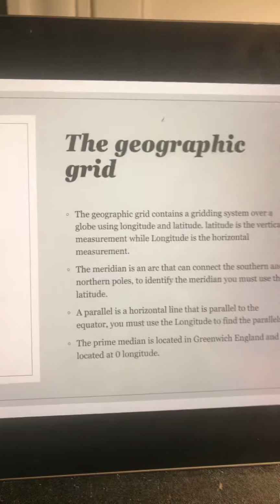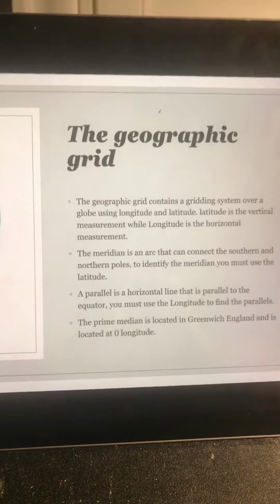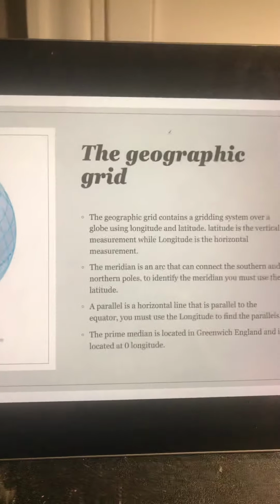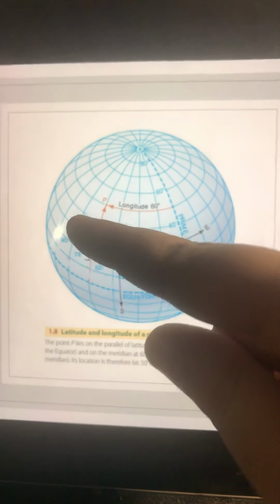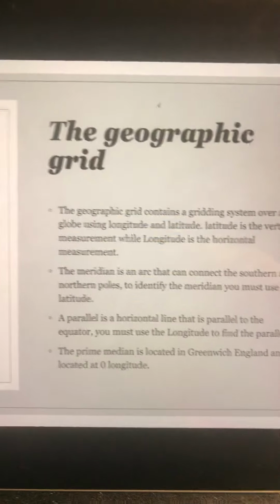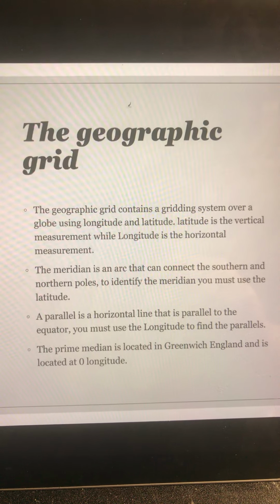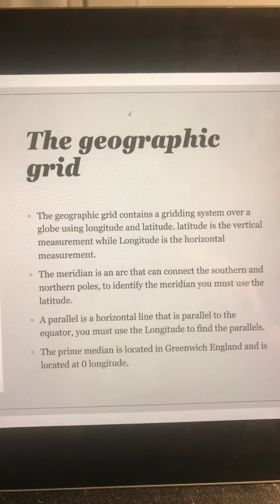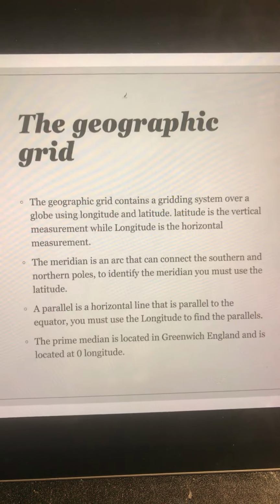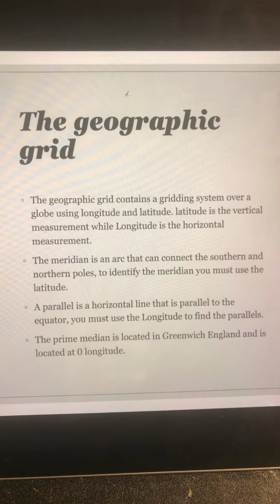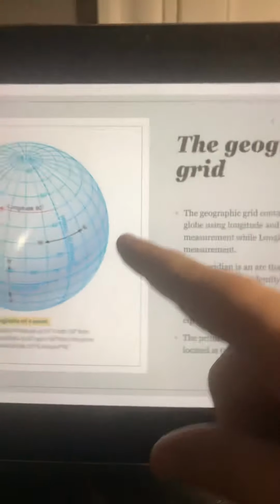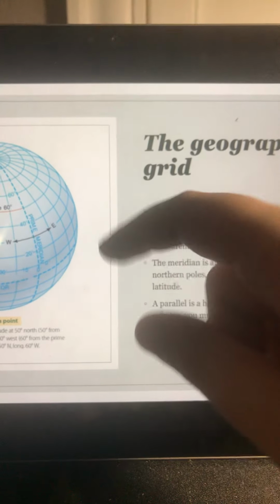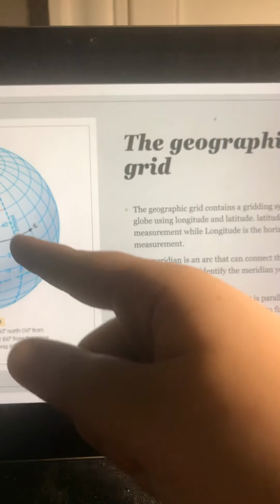The geographic grid is a gridding system of the globe which uses longitude and latitude. Latitude is, as you can see, horizontal, and longitude is vertical. A meridian connects the southern and northern poles and uses longitude, while a parallel is a horizontal axis that uses latitude because it's parallel to the equator.